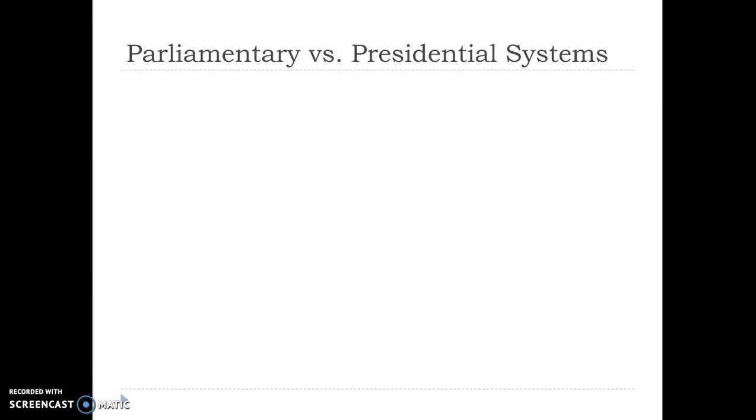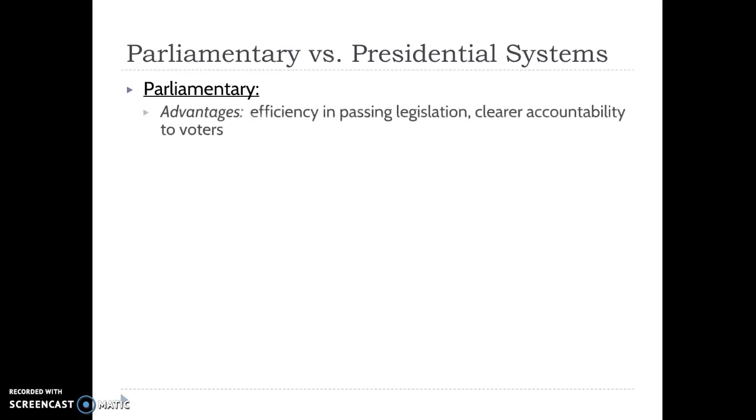Now that you've taken the time to answer your question, let's look at each system in the order that I presented them to you. If we talk about parliamentary systems, the advantage clearly is efficiency in passing legislation. If the cabinet already knows what they want policy to look like, and the legislative body is there to simply look for amendments, then they can do so.